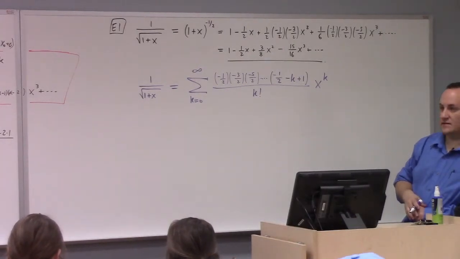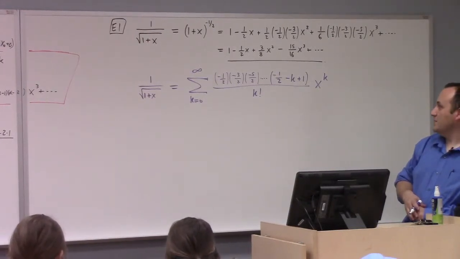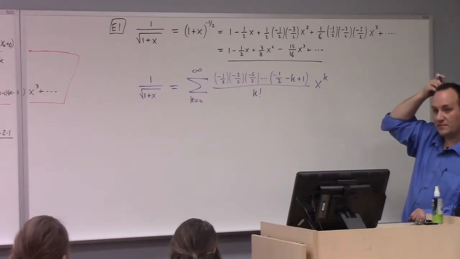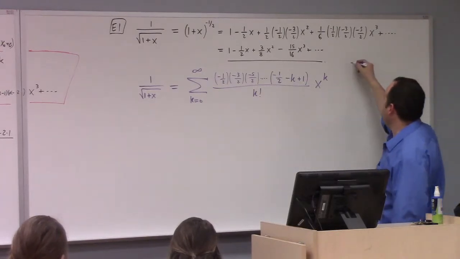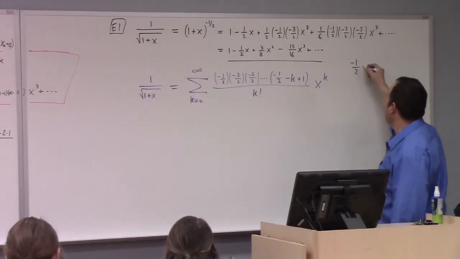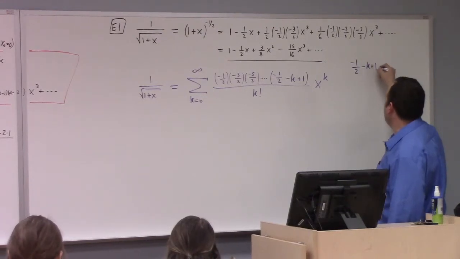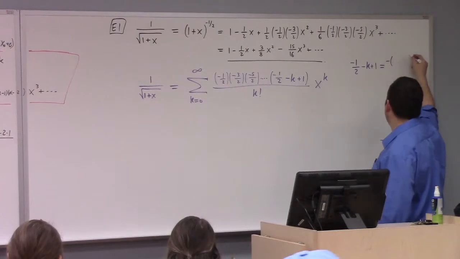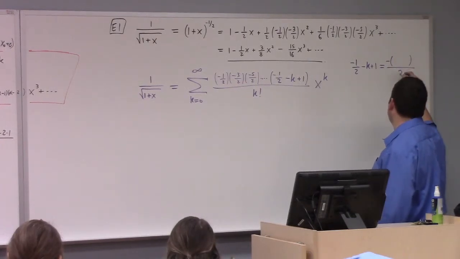I mean, I could make it a little bit prettier. You could simplify this a bit, right? Can we make this formula nicer? What would you do to the last term to make that prettier? How can we rewrite minus 1/2 minus k plus 1 as minus something divided by 2?